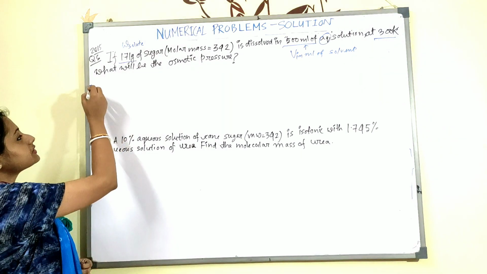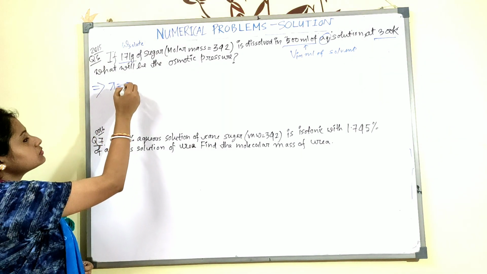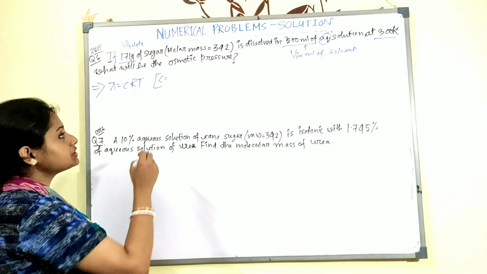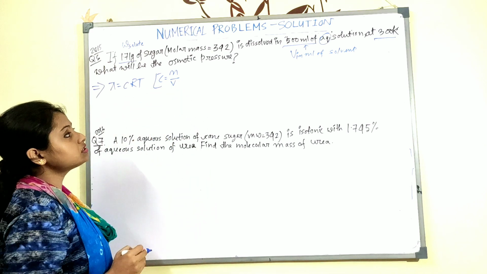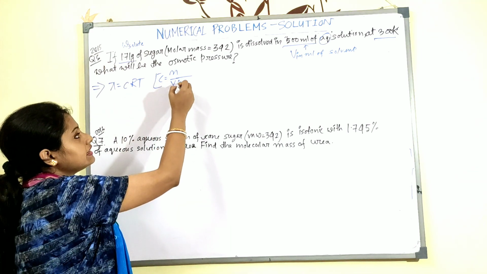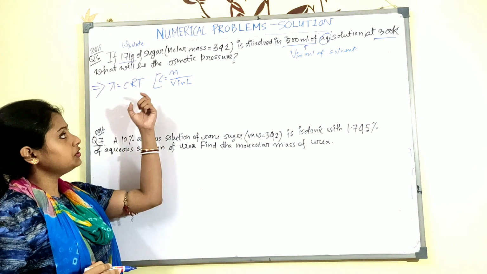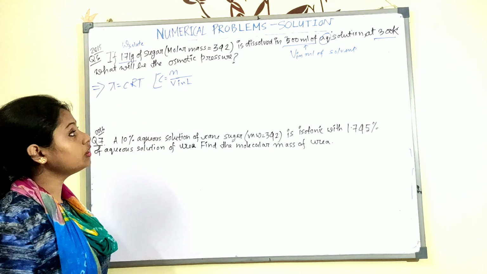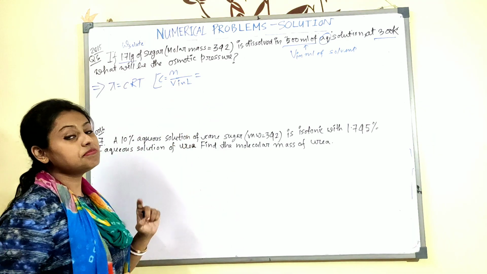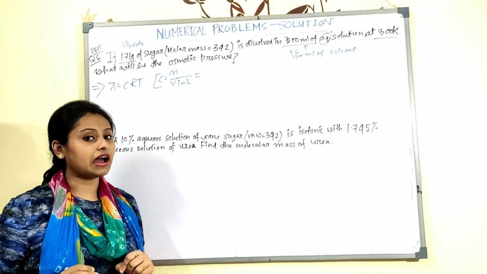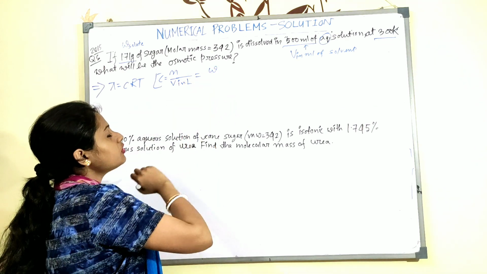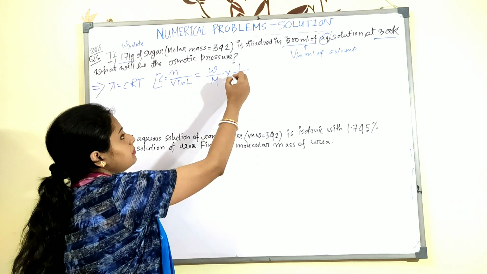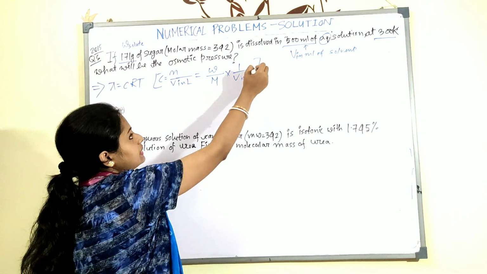Let us recap once. Pi equals CRT, as C equals concentration, so it will be number of moles by volume in liter. We know this formula from class 10 onwards. Concentration equals number of moles by volume, and number of moles equals weight by molecular weight, and it will be V in liter.